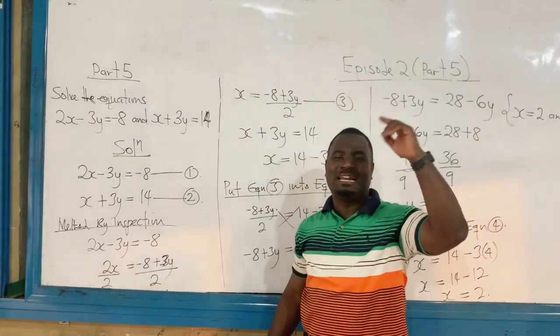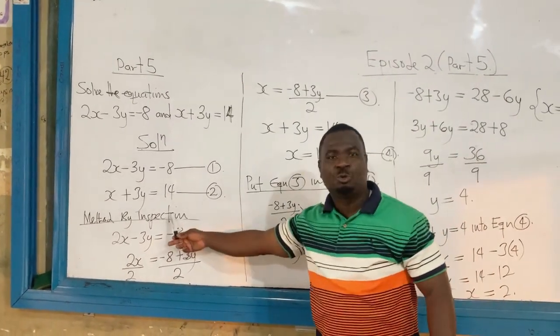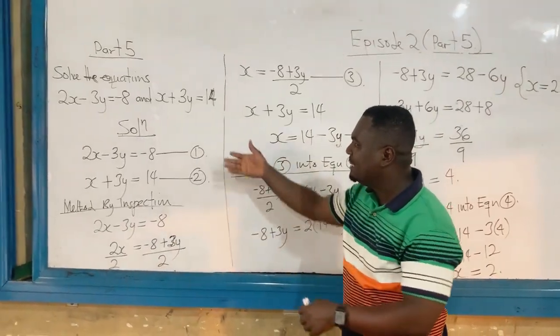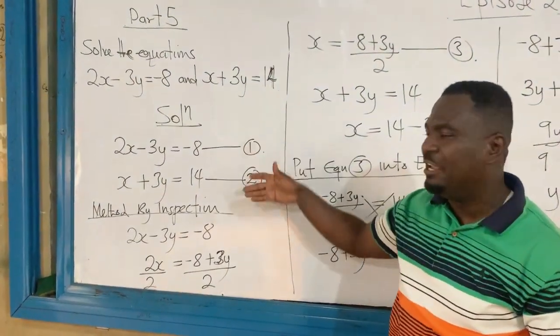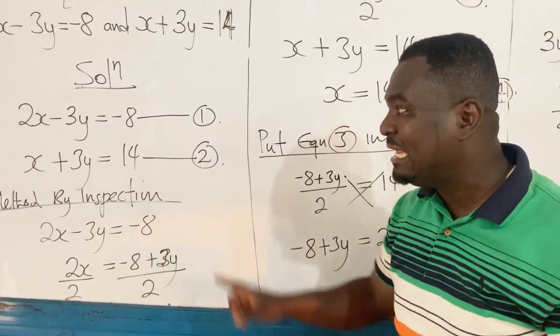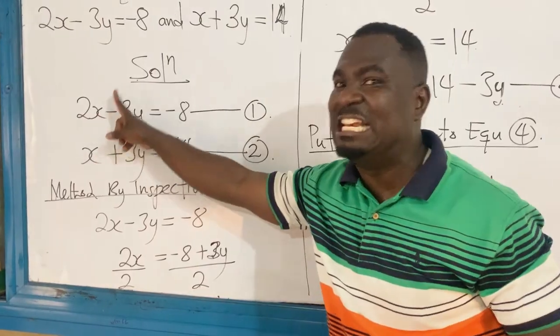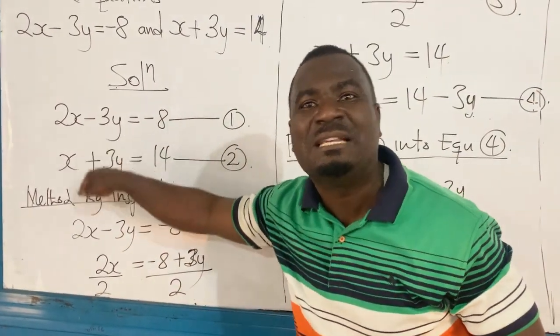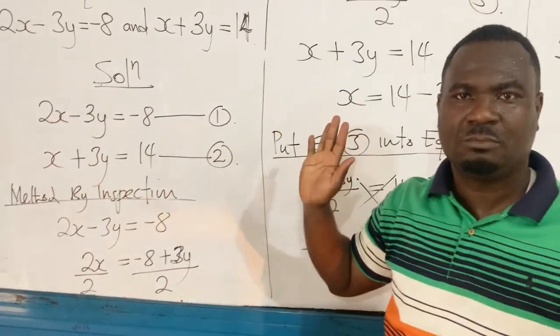Any question under simultaneous equation, try to use the idea of inspection. It's very simple. What you do is, with the two equations given, you just make one of the variables the subject. But remember, mind you, be careful with this. If you choose to make x the subject in equation 1, please make sure you make x the subject in equation 2. Fair enough.